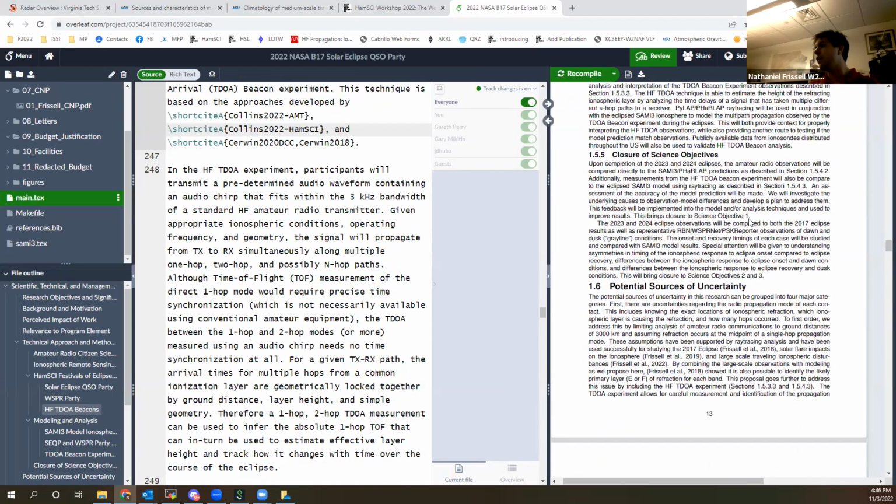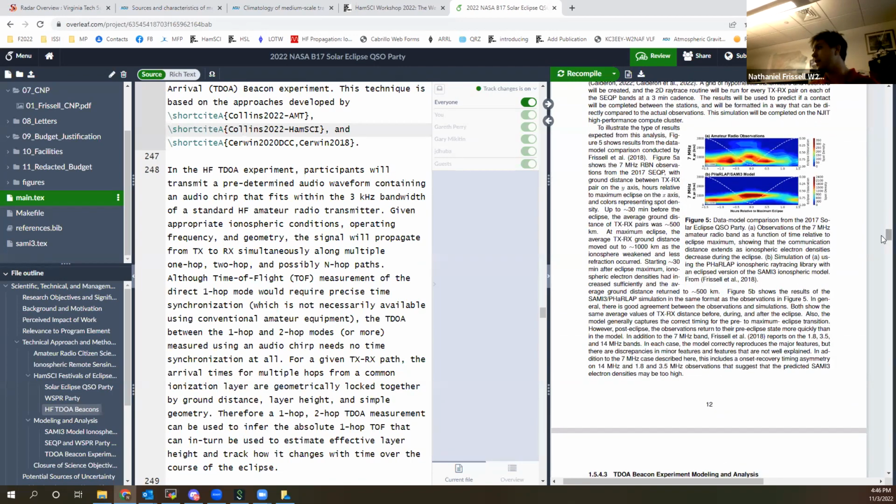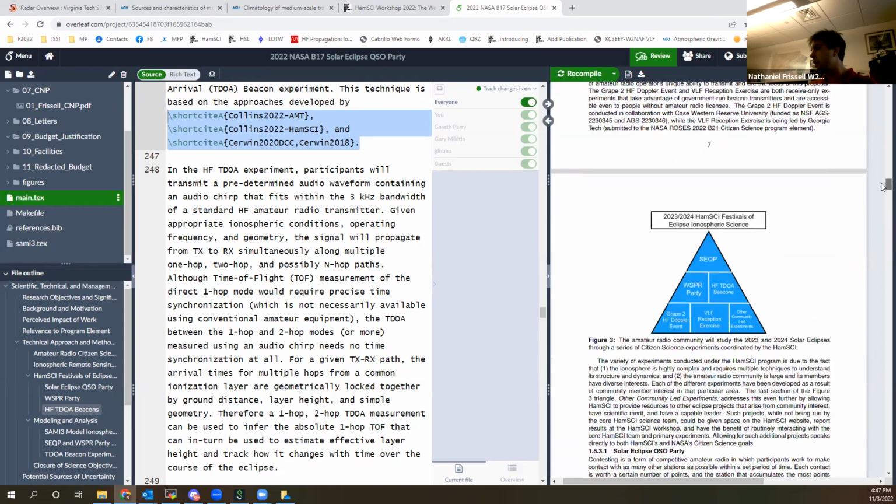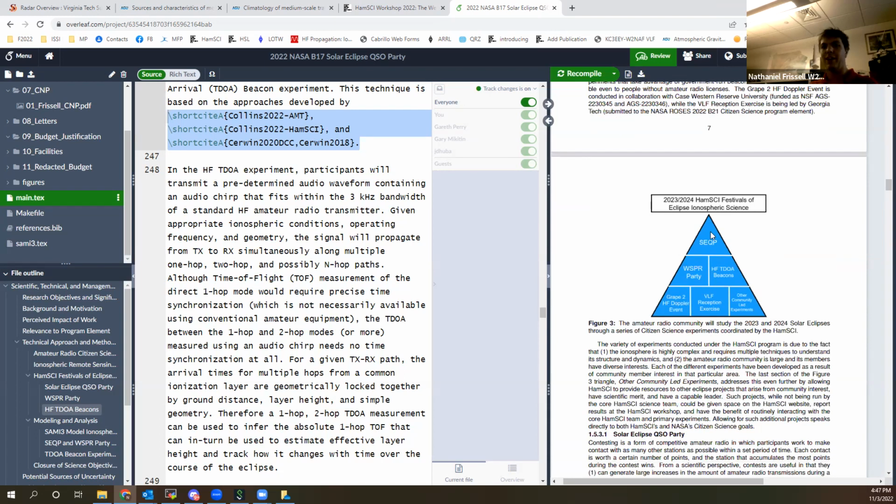Yes. So I noted that in a few ways, Steve. One thing I did was I cited those results that you just talked about. I also talked about it in this triangle, which I think, Gary, I really like this. Gary came up with this first. Here at the bottom, I talk a little bit about the Grape 2 Doppler event, which makes use of the WWV.